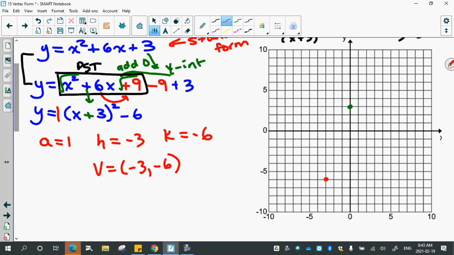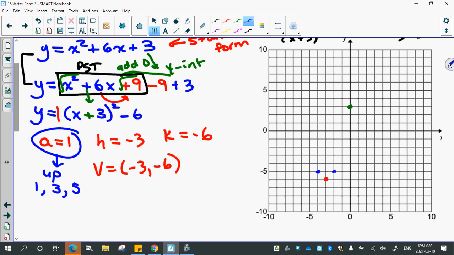And then this a value being positive 1, because it's positive, tells me that I'm going to be going up. And then it's up how much? It's 1 times a, so 1 times 1, 3 times 1, which is 3, 5 times 1, which is 5, 7 times 1, which is 7. So I use my step pattern from my vertex, and I go over 1 up 1 on both sides.